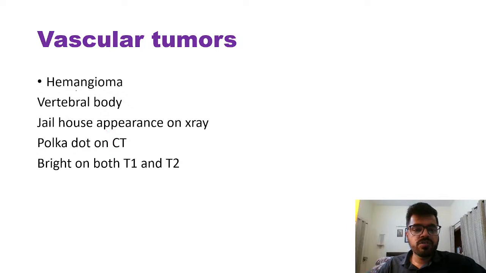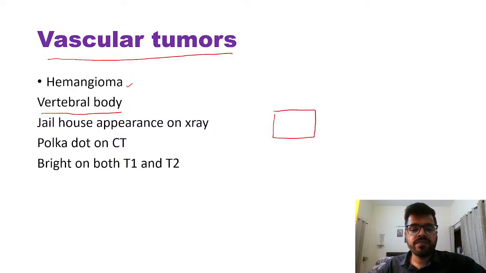Then we move on to vascular tumors. Vascular tumors, most commonly it is hemangioma, affects the vertebral body. On X-rays, if this is the vertebra, we see patterns like this. This is jailhouse appearance seen on X-ray.